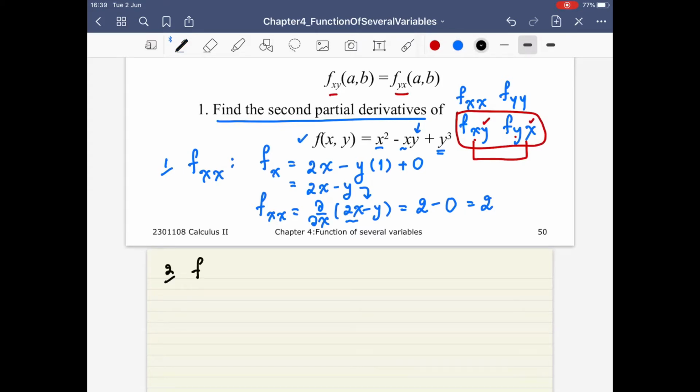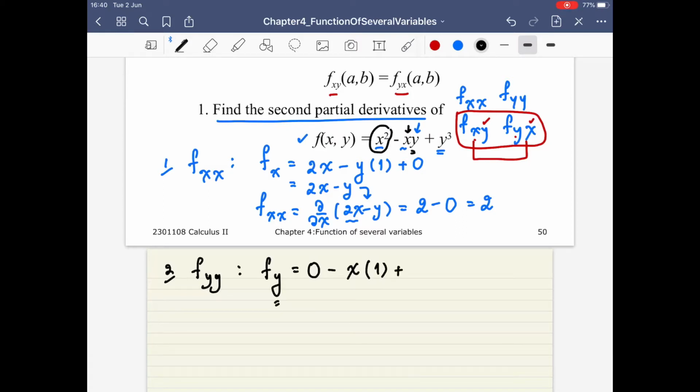If you want to find, let's say, f sub yy, of course first you need to find f sub y. F sub y, look at the first term, it is x squared, but now the variable is y alone, so that x squared is simply a constant, minus this one, your y is a variable, your x is a constant, so you pull out the x, and the derivative of y with respect to y is simply 1.